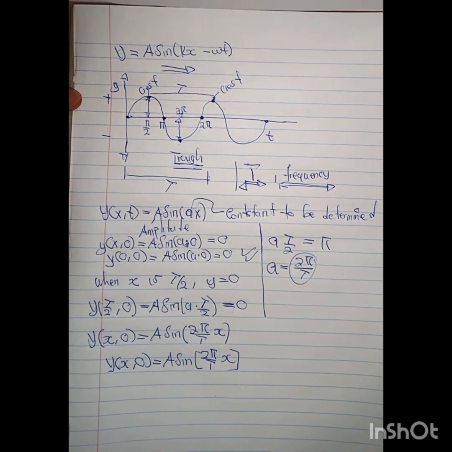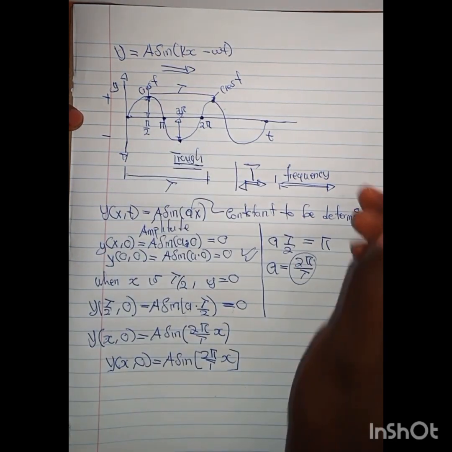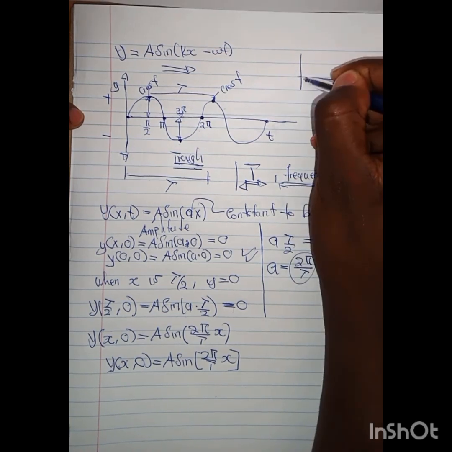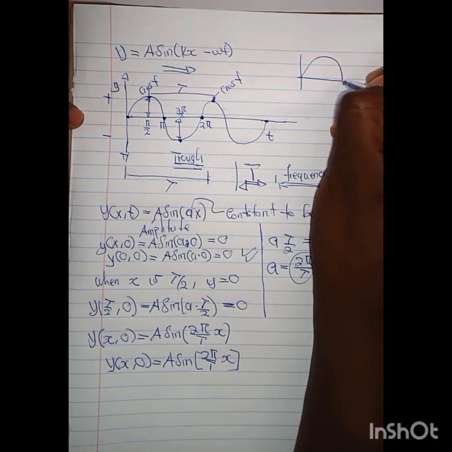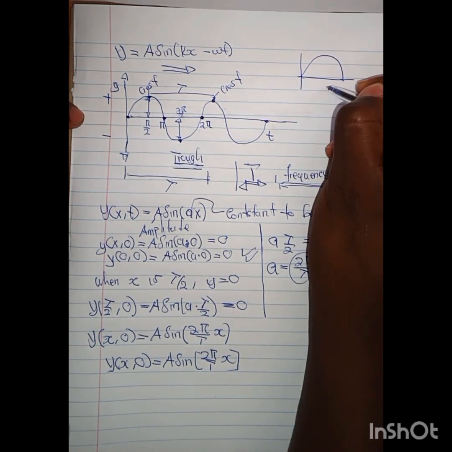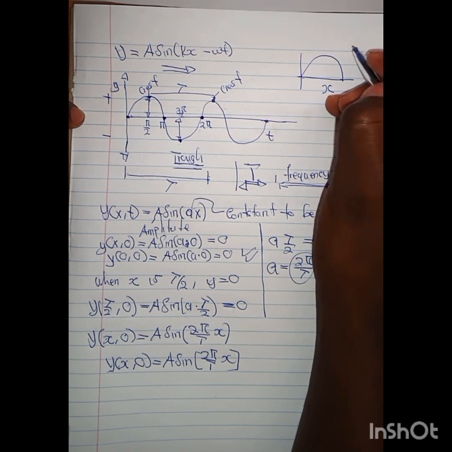So how about if we look at this part only. So let me throw this part over here. And then let me say now from this point to this point is x.